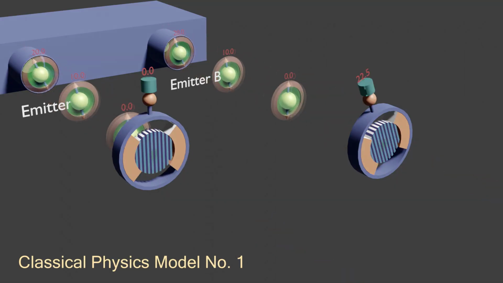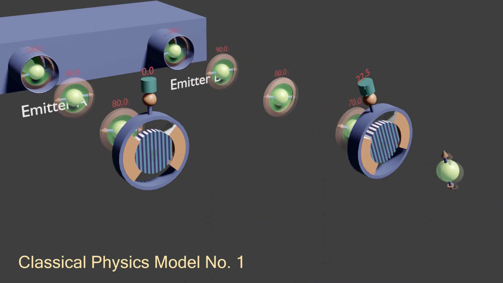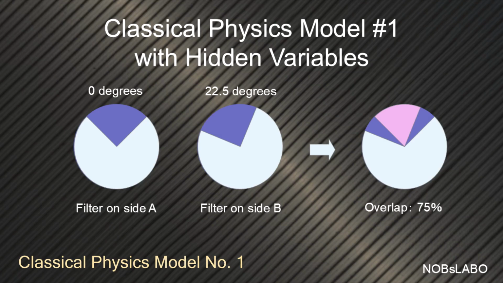Unfortunately, this is the last point where this model agrees with experiment. For example, if the angle between the filters is 22.5 degrees in this model, the overlap area of the two blocker holes is 75%, so the passage rate will be 75%.